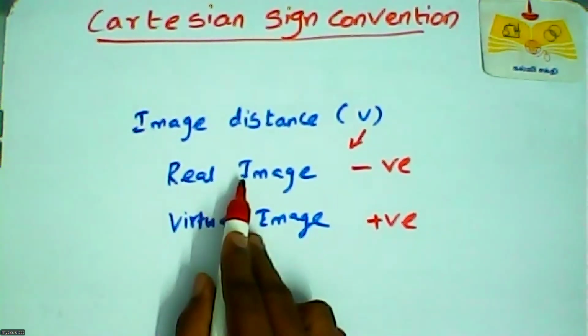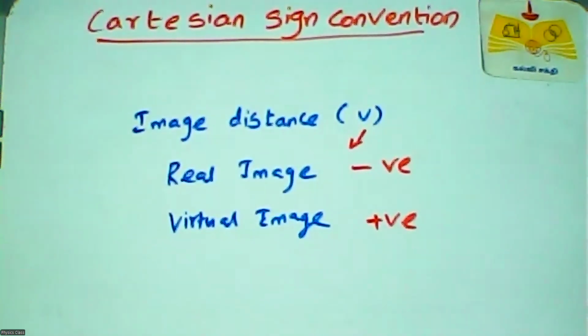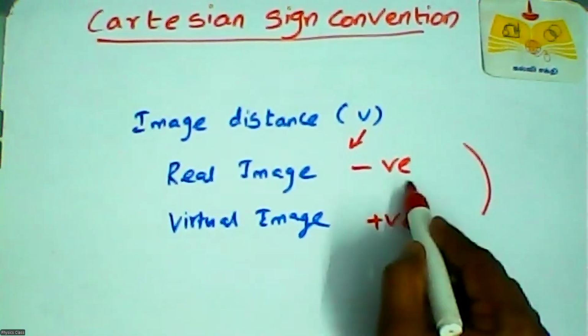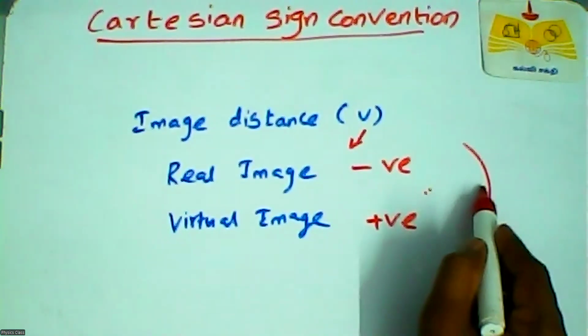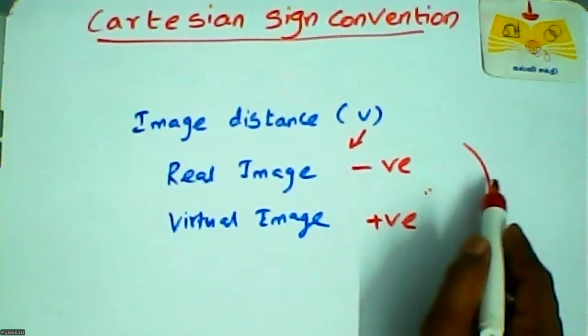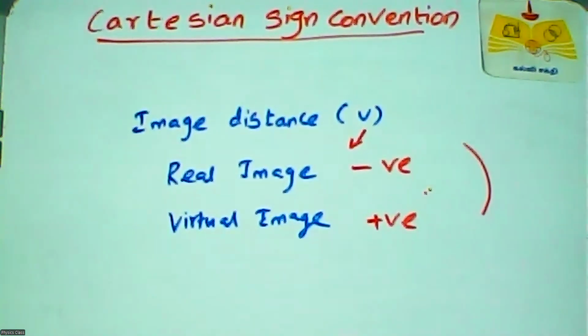Because a real image is formed in front of the mirror, we find the distance between the pole and that image, against the incident ray, so negative. So for a real image we put the image distance v as negative.